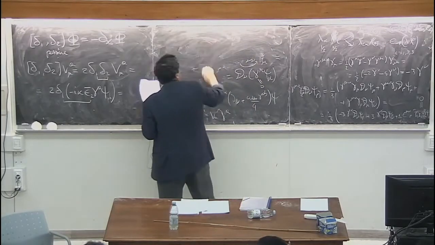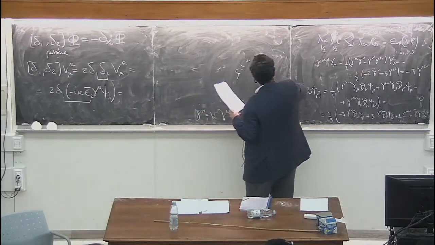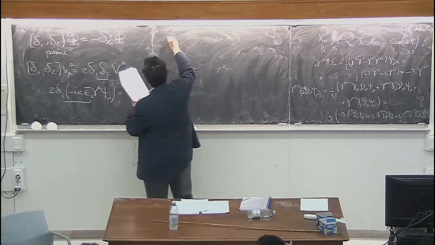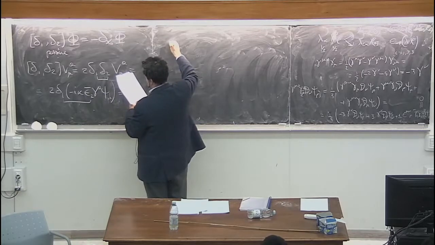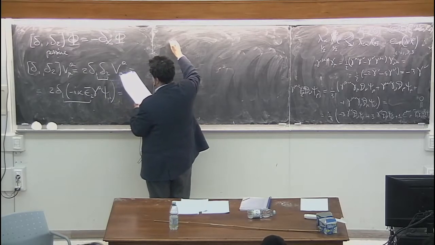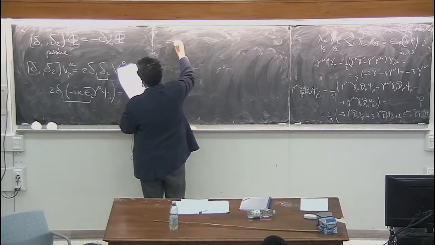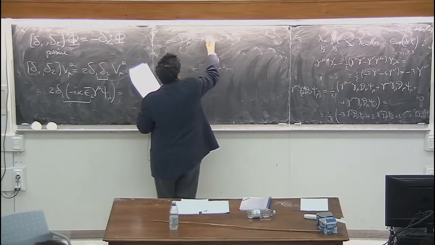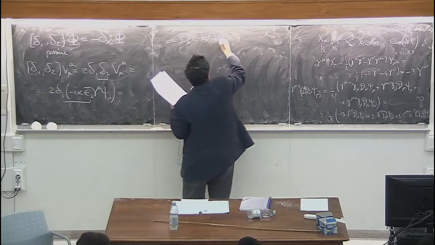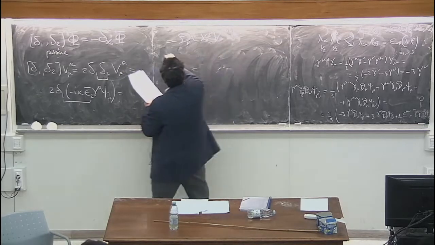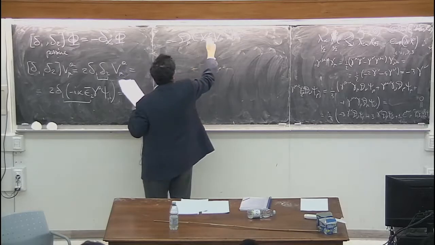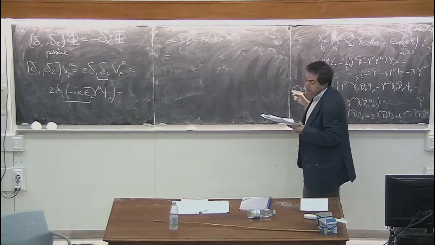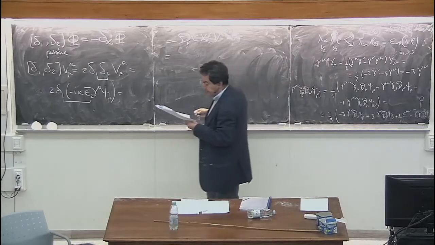We had written the anti-commutator of two supersymmetries on the Vielbein as minus d mu x naught nu V nu a, where now x naught nu is a local parameter, a bilinear in the two supersymmetry parameters.